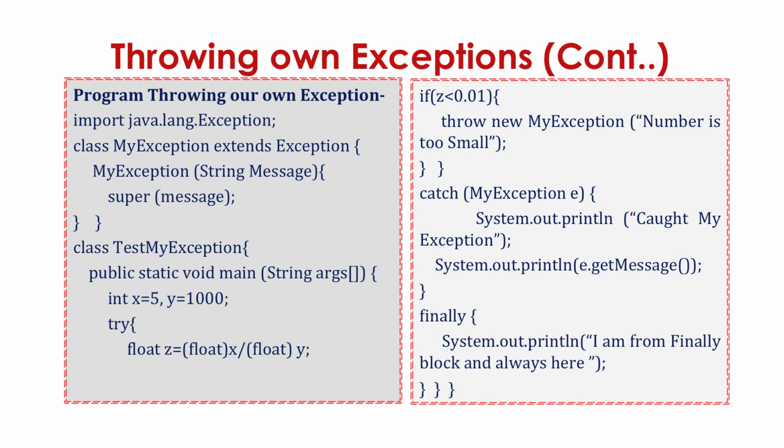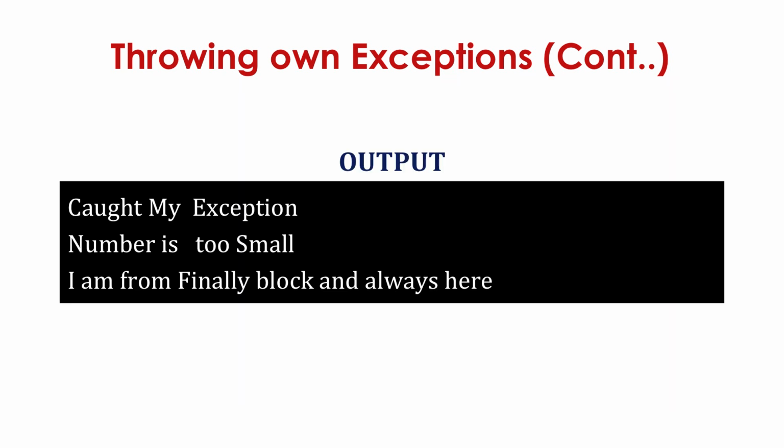So after completion of this try block and catch block, the finally block is there. Just for your knowledge, this is how to use the finally block when we are handling our own exception. So we are going to discuss its output. Look at that: caught MyException, and number is too small. That second line is very important, and we have shown how to define your own exception and how to handle your user-defined exception.